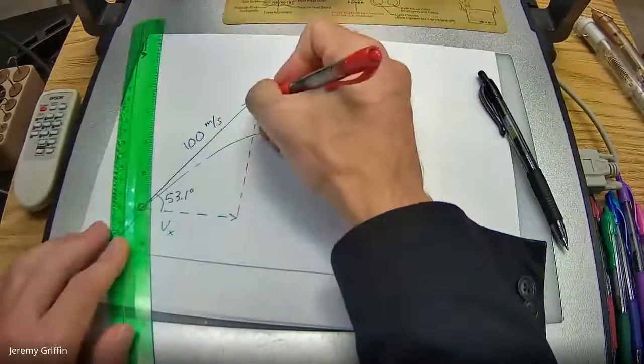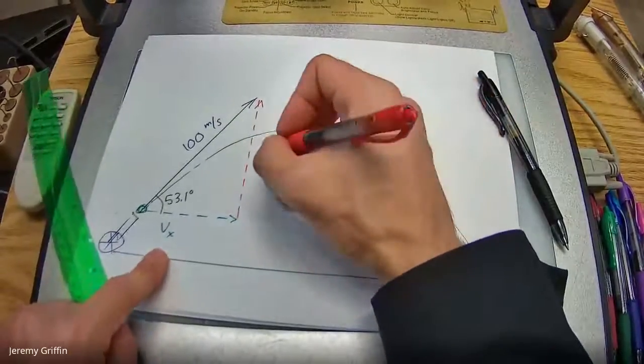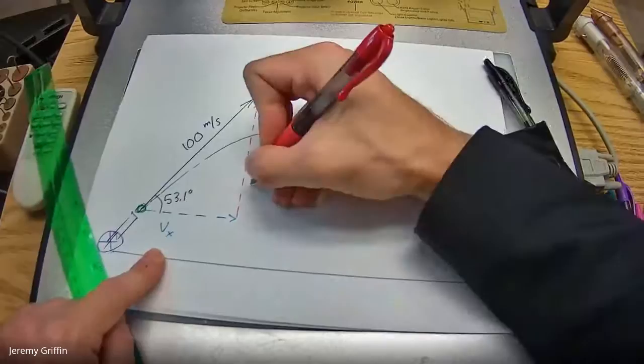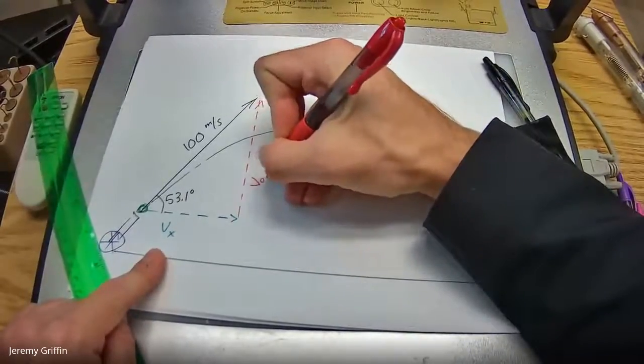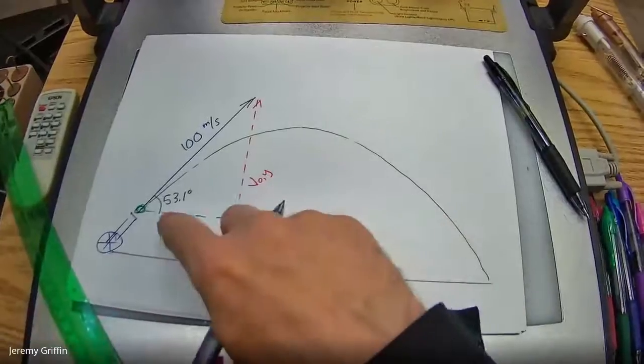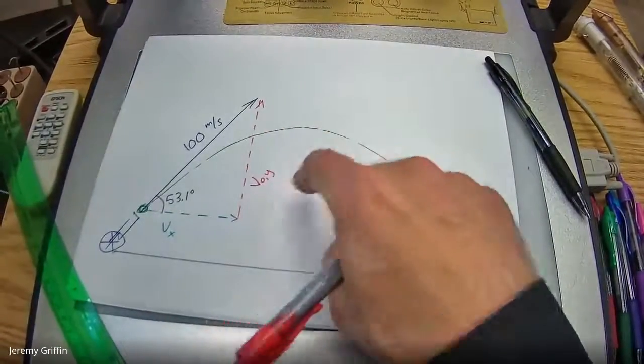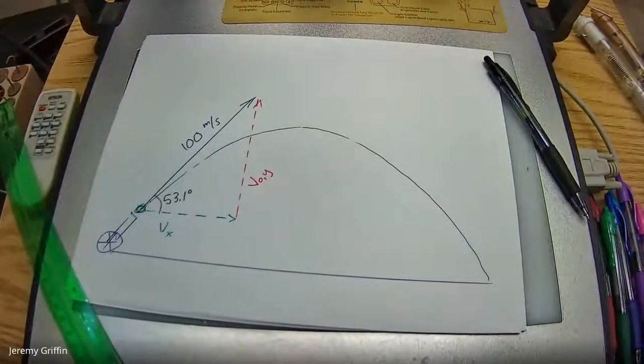Pretty close. I call this blue one V sub x. Do I want to call this V sub y? I'll call it V not y, because it's only an initial condition, right? Remember, as soon as it leaves the cannon nozzle, it goes into free fall, gravity starts pulling down, and this number will immediately start changing, right?